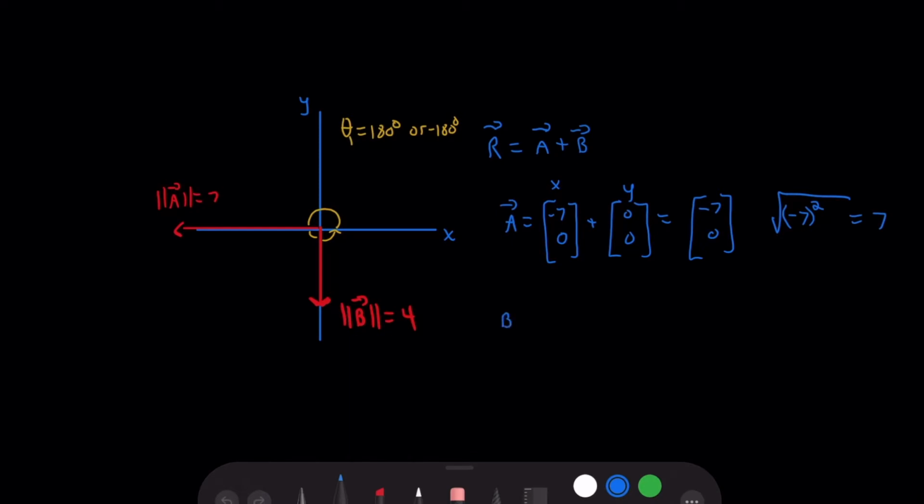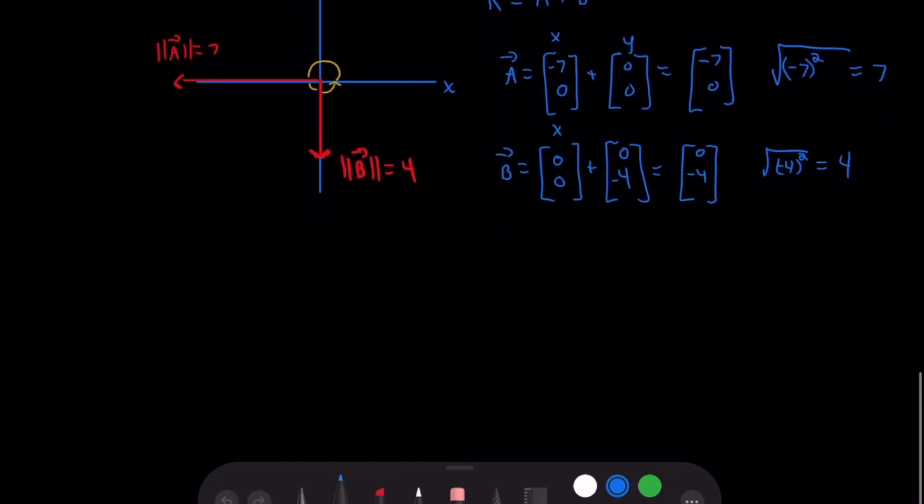Now, for b, if we look at its components, its x component is the 0 vector, and its y component is 0, negative 4. When we add these together, that is what we get. Likewise, the magnitude of this vector is 4.